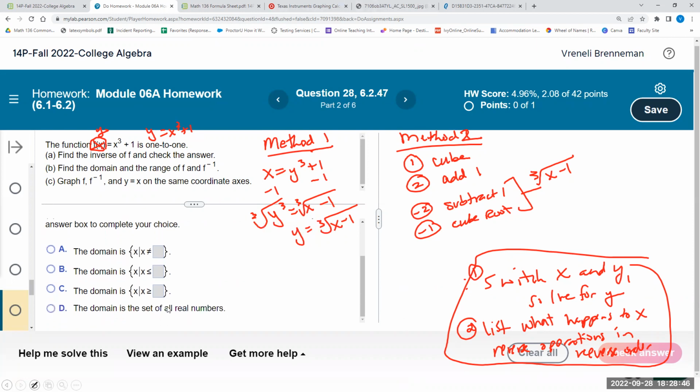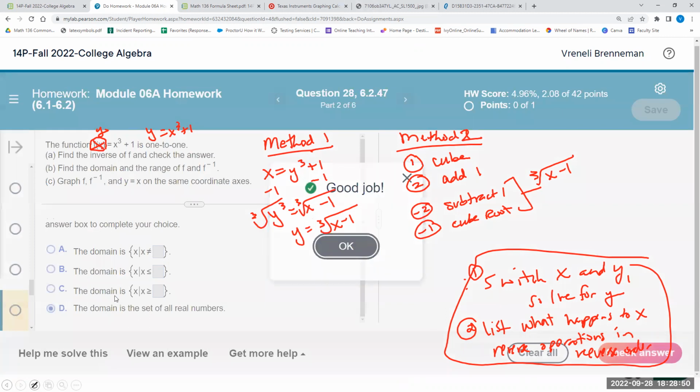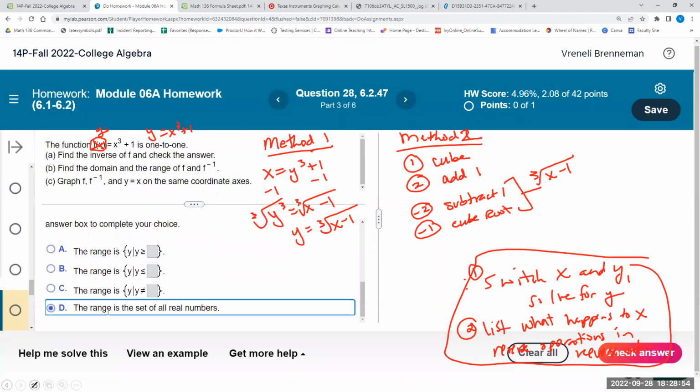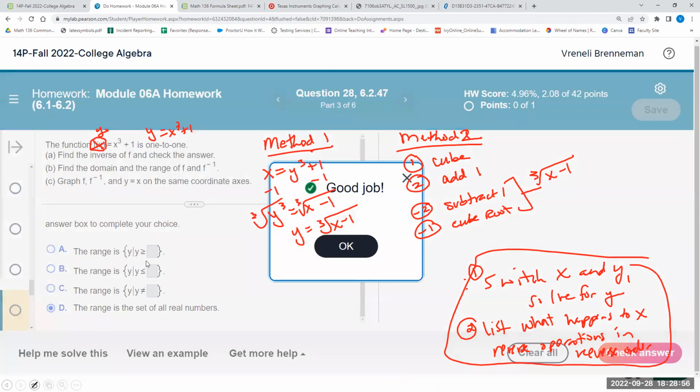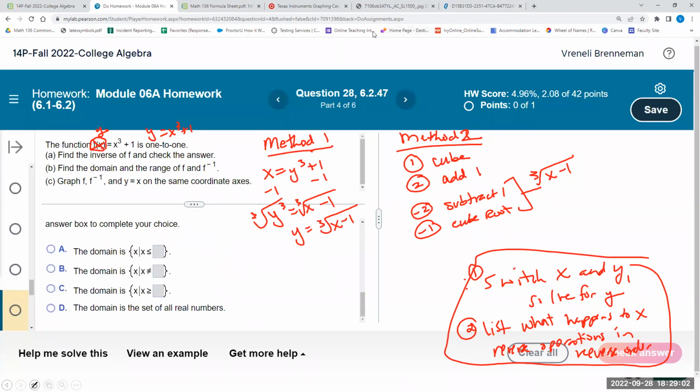But in this case, all real numbers for the domain of f, all real numbers for the range of f, etc. So I'm not even going to bother doing the rest, but domain and range of f inverse would be the same.